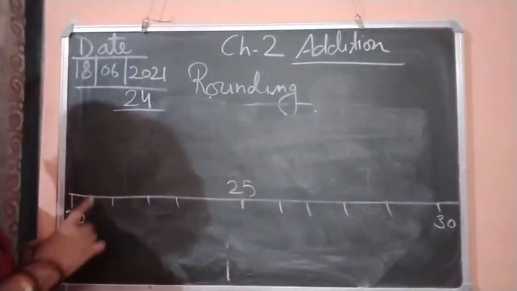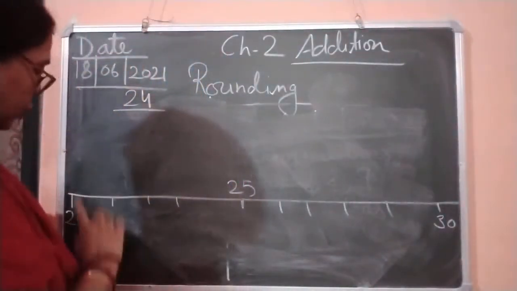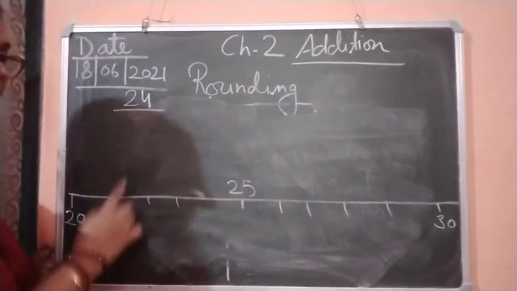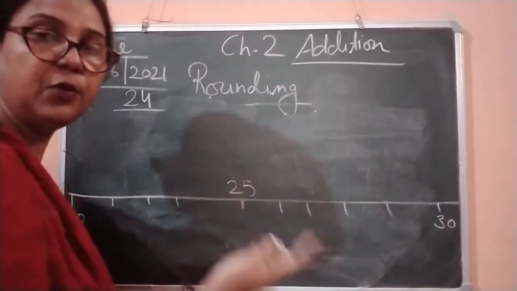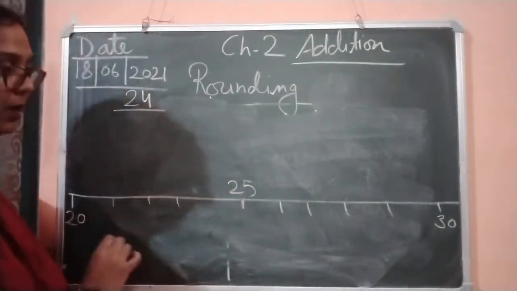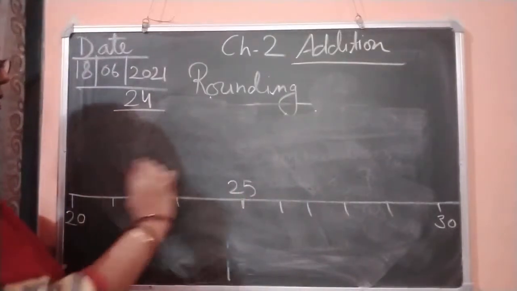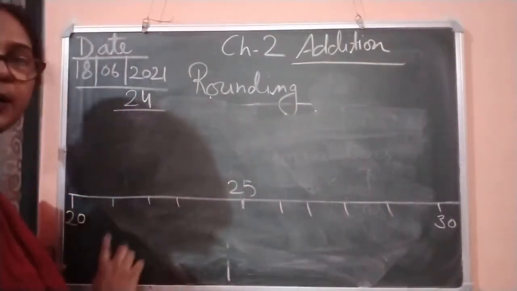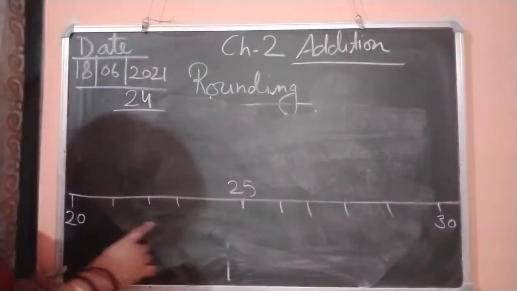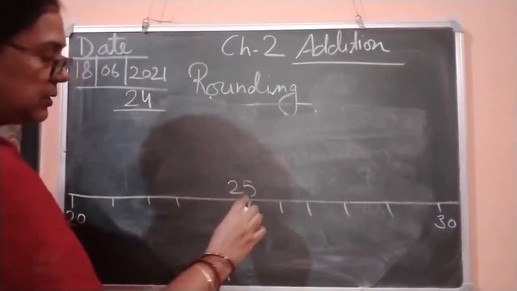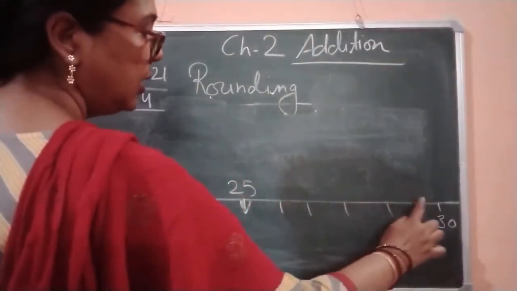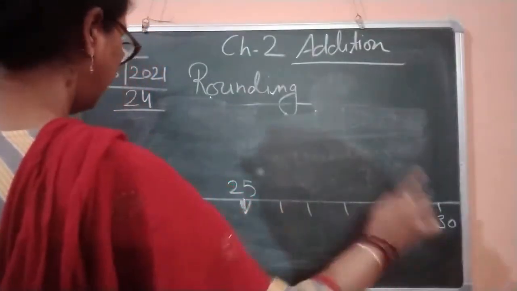So 24 comes between 20 and 30, because it is among 21, 22, 23, 24, 25, 26, 27, 28, 29 and 30. This is the middle number, 25, the strongest number, and the strong numbers start after 25.